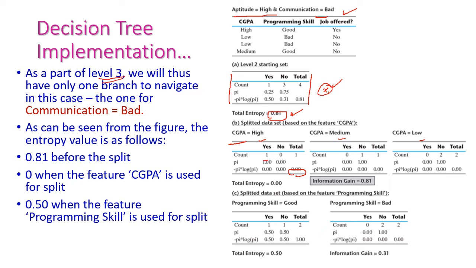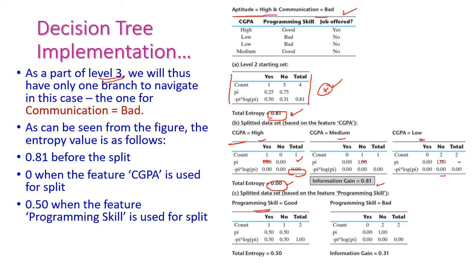That is, if CGPA is high, then the job will be offered. If CGPA is medium, no job will be offered. If low, then no job will be offered. So the entropy of CGPA is 0 and the information gain is 0.81.